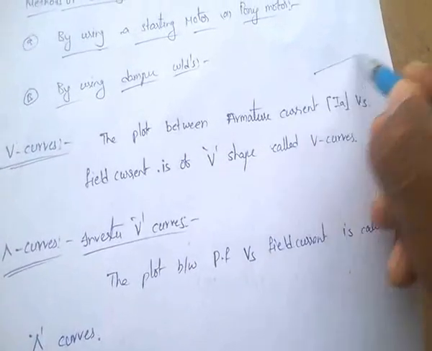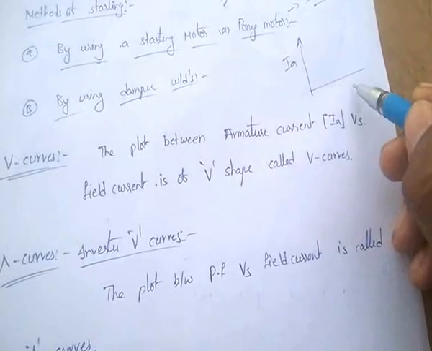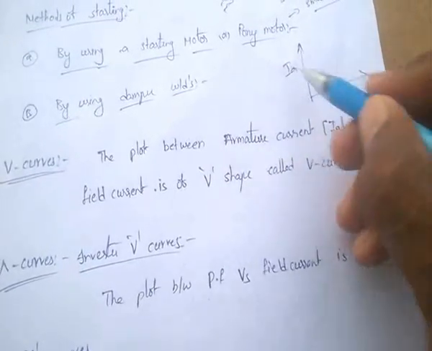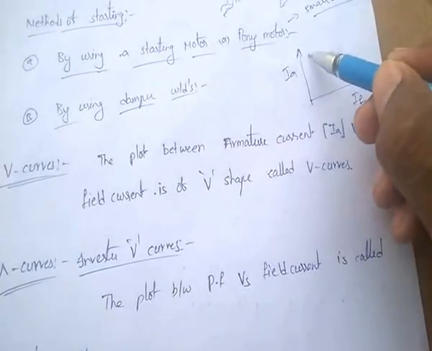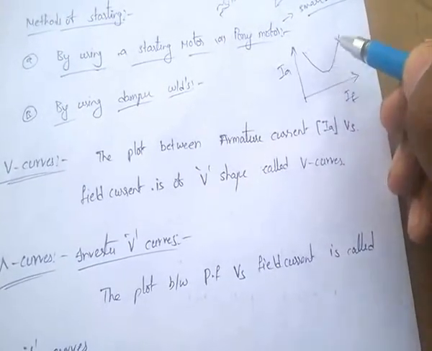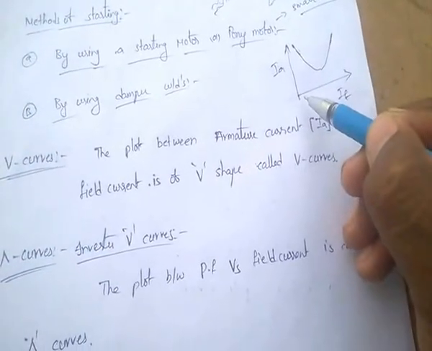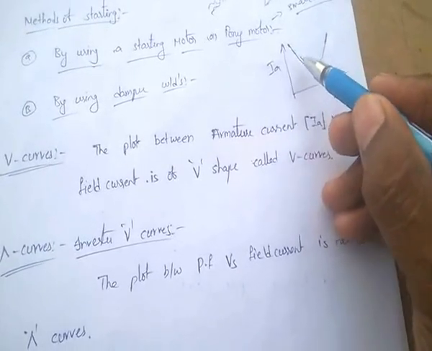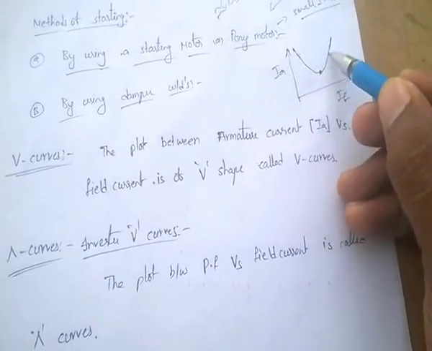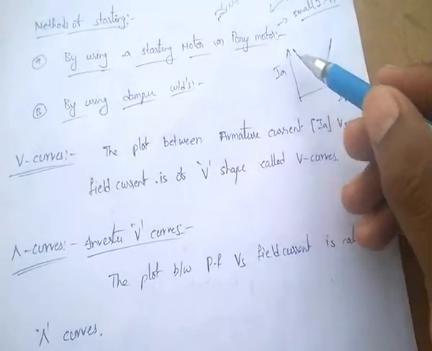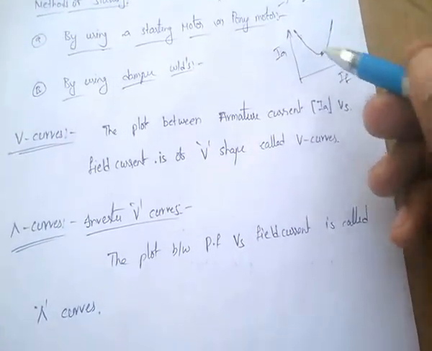That means at a low value of IF, the IA is very high, then it decreases to some point, and after that point it increases. The shape of this IA and IF plot is V type, so that's why these curves are called V curves.